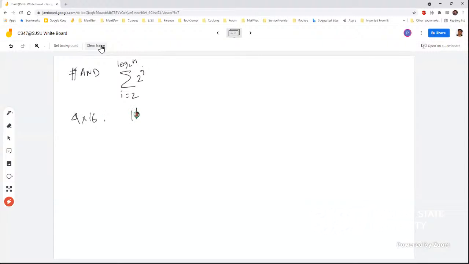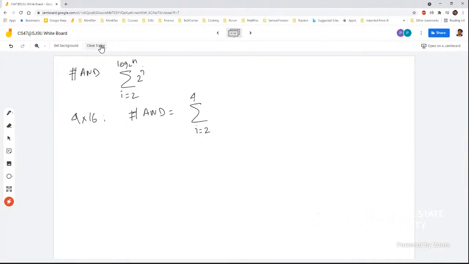So the number of AND gates would become, like, 2 till log of 16 is 4, right? Log of n, right?